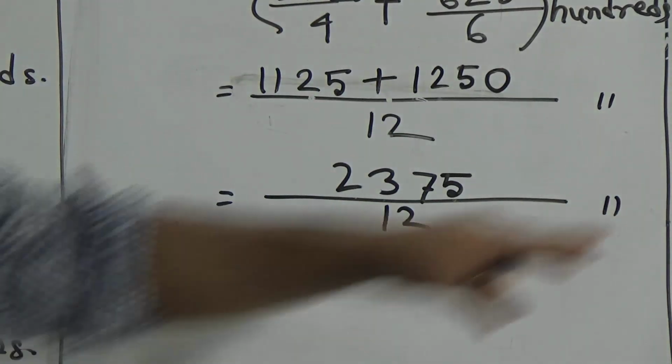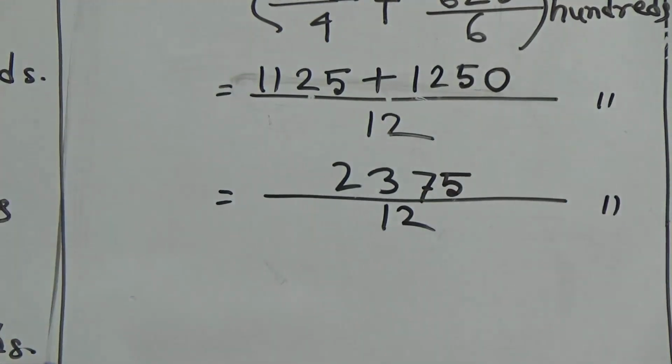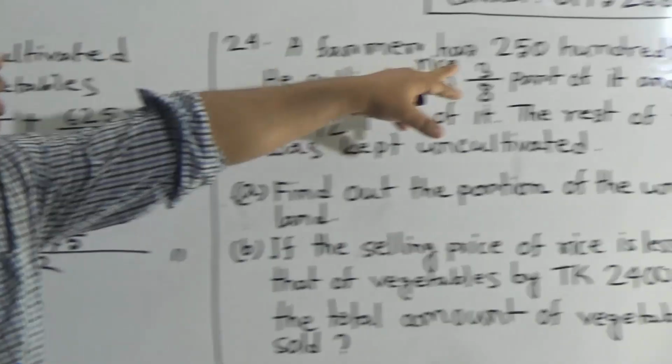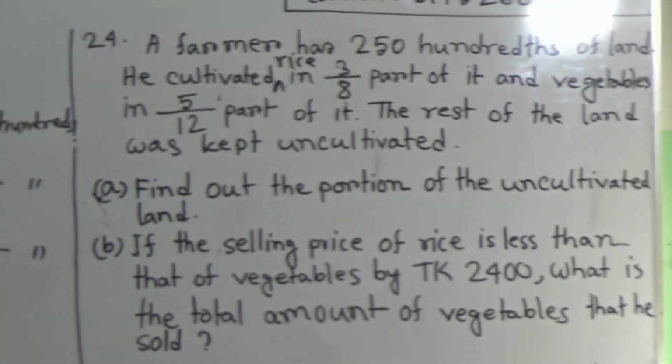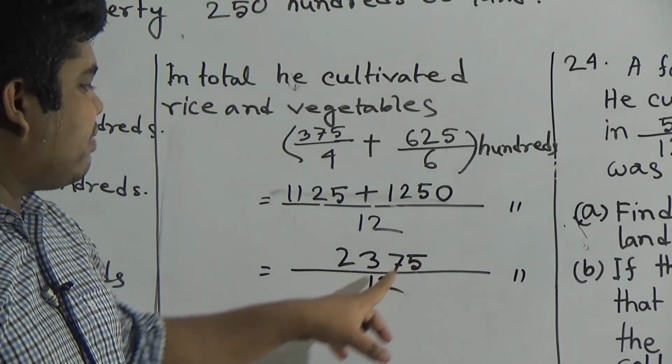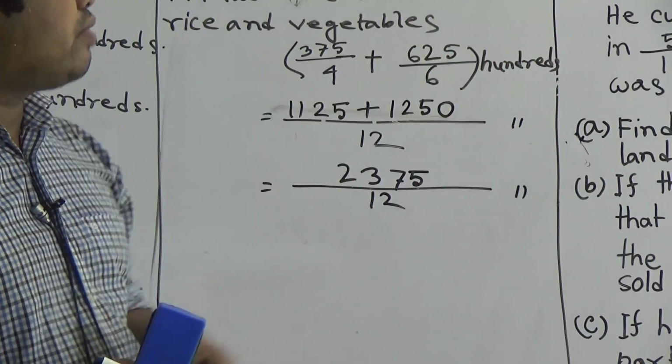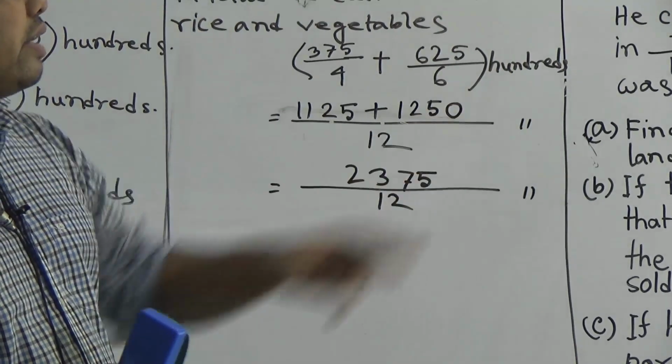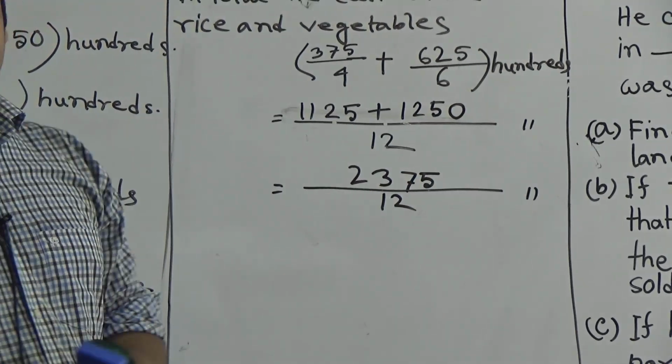Now we find out the portion of uncultivated land. His total land was 250 hundreds. So we subtract this 2375 by 12 from this 250, and we get the portion of uncultivated land.